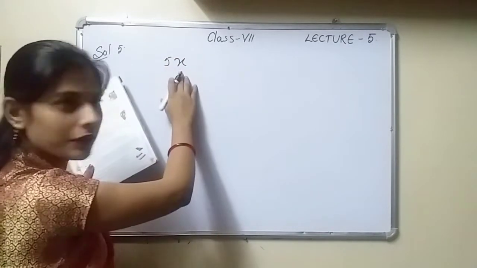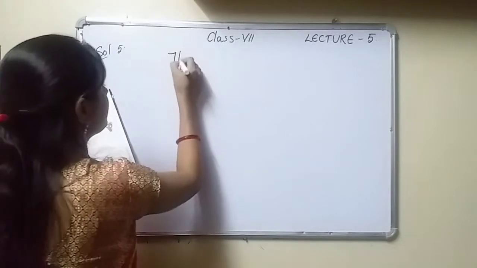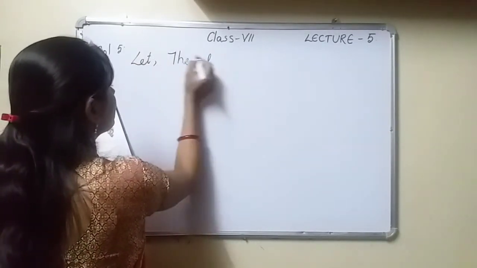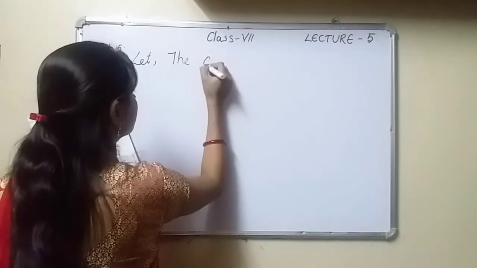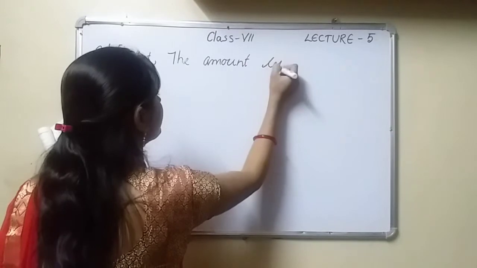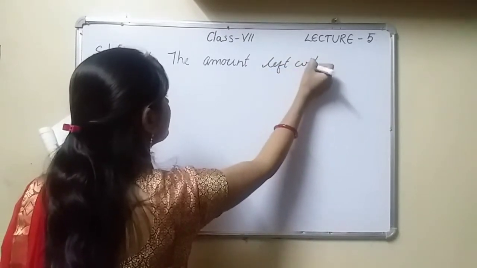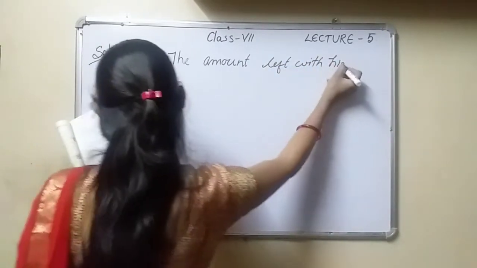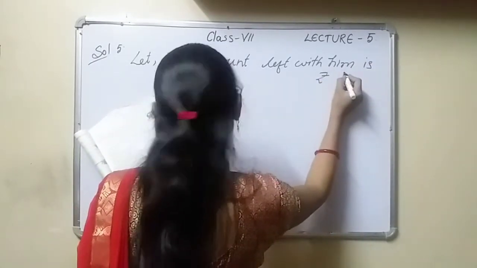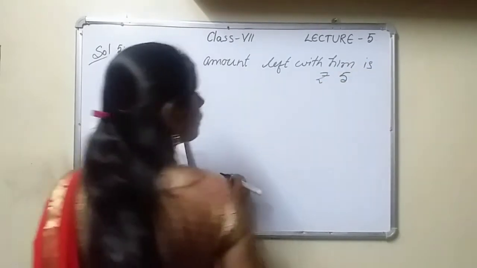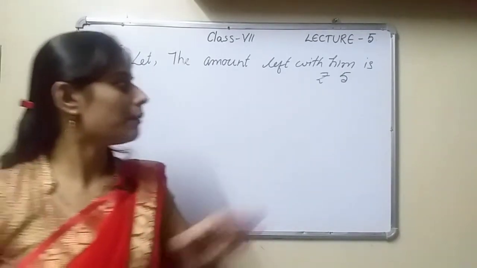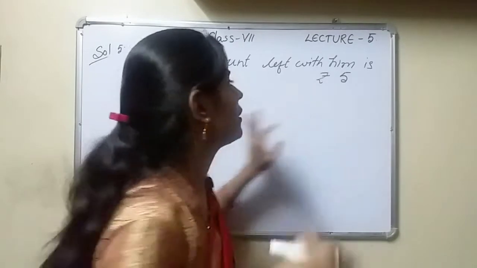Let the amount left with him be rupees 5, out of 50. Out of 50, the amount left with him is rupees 5.